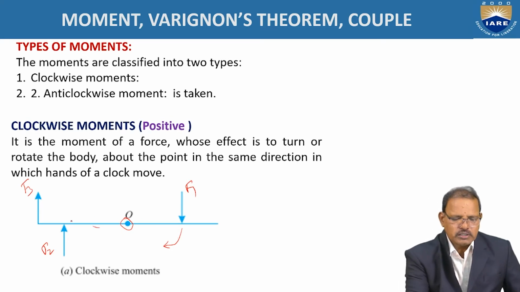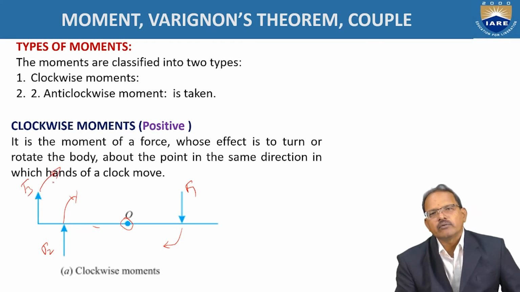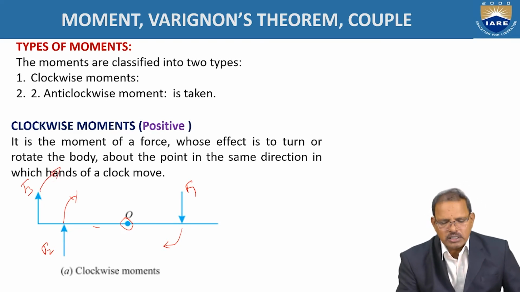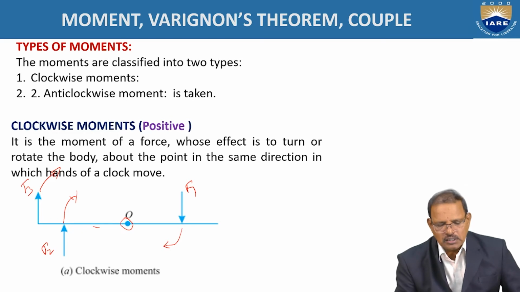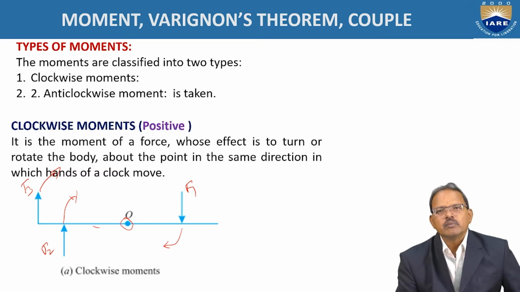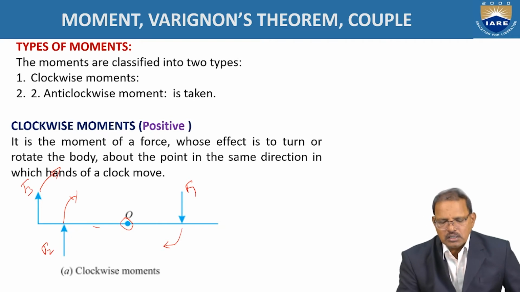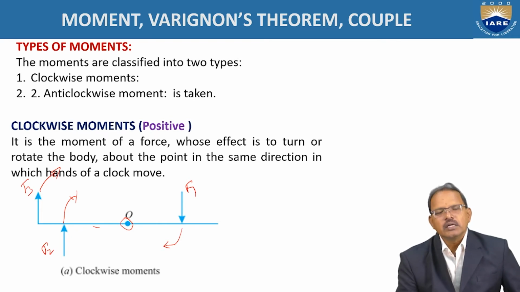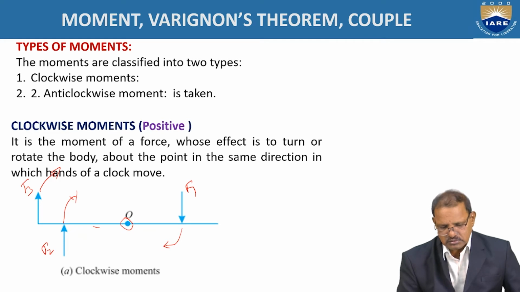F2 also tends to rotate the body clockwise, and F3 also rotates the body clockwise. Hence, the moments created by F1, F2, F3 at point O are treated as positive moments. That means they tend to rotate the body in the clockwise direction, the direction in which the hands of a clock move.